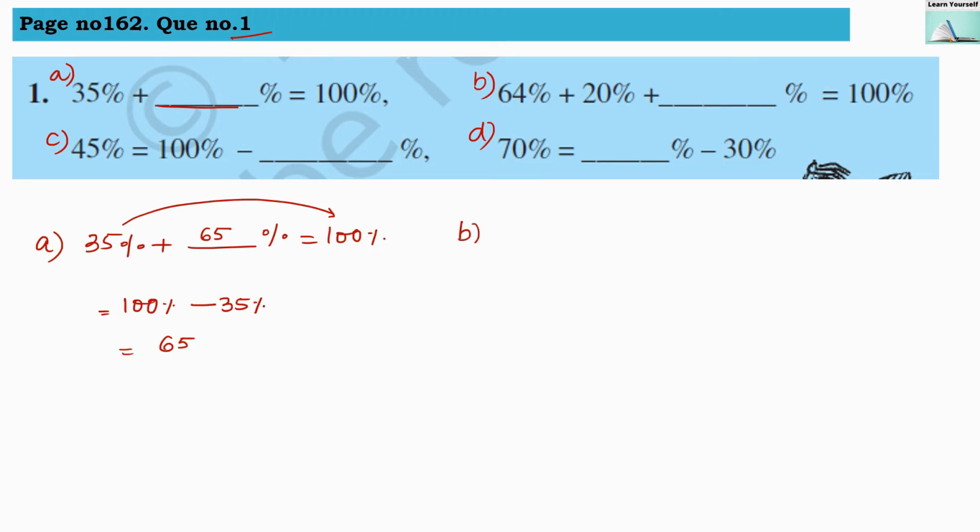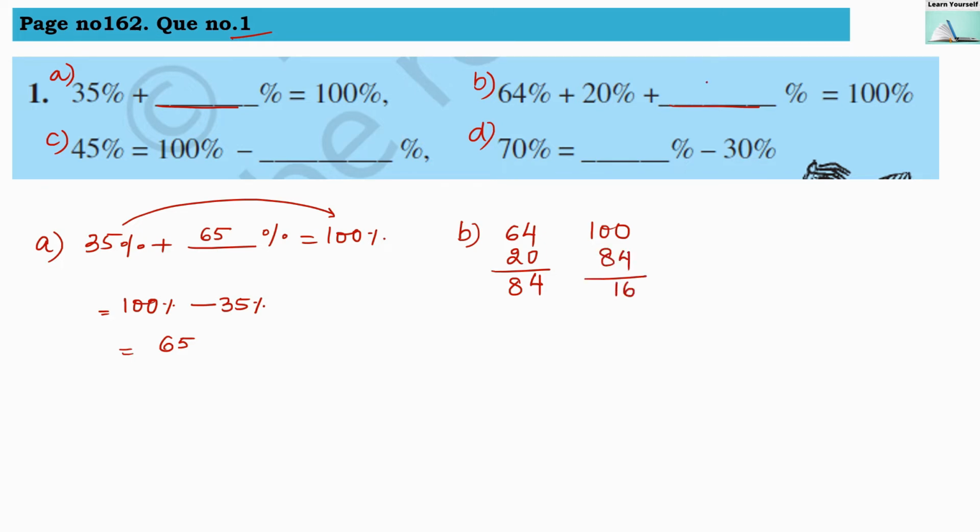Now B. 64 plus 20 plus some percentage will give us 100%. First we add 64 plus 20, so it is 84%. Now this 84% we have to subtract from 100, so we get 16.